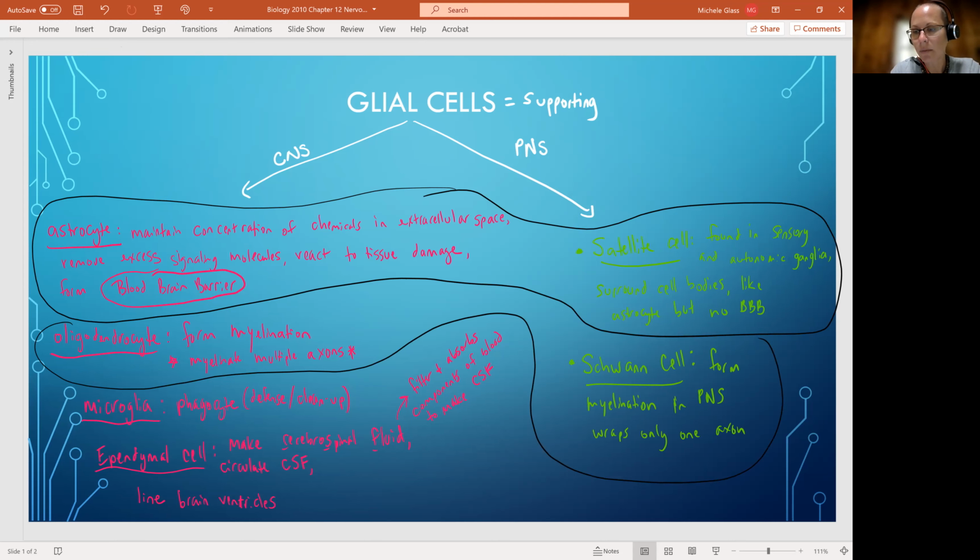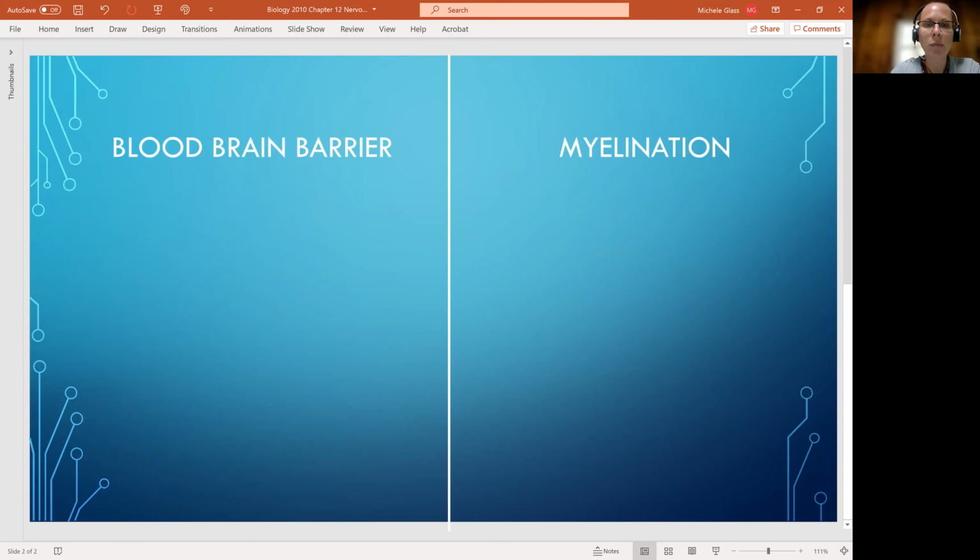Let's dig just a little bit deeper on our blood-brain barrier and our myelination. So remember, the blood-brain barrier is formed by the astrocyte.